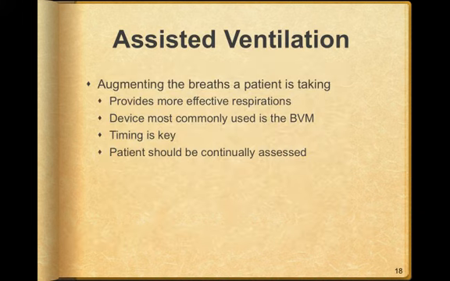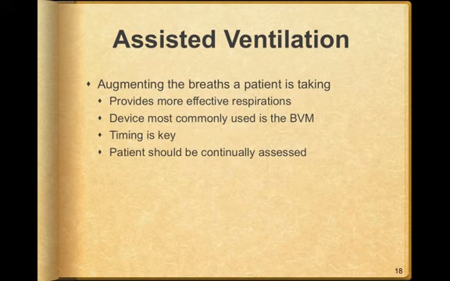Assisted ventilation. This augments the breaths that the patient is actually taking. Provides more effective respirations. Device most commonly used is a bag valve mask device. And timing is key. The easiest way to time that is to turn up your oxygen, 15 liters per minute, place it on their face, and then as they are breathing, coach them.